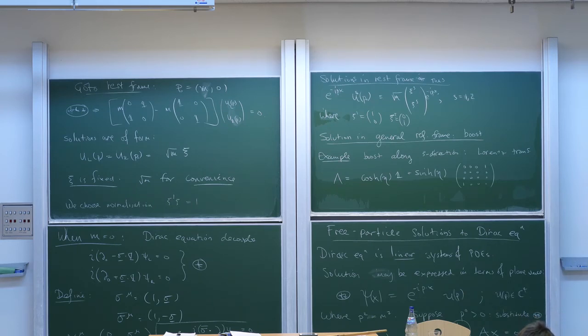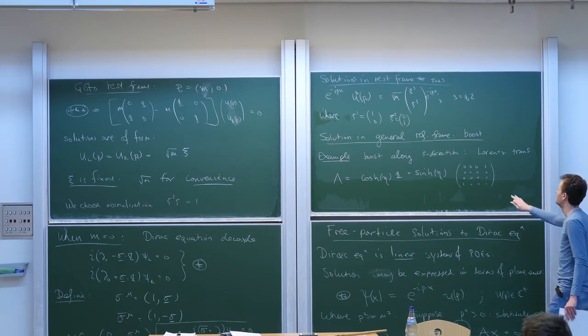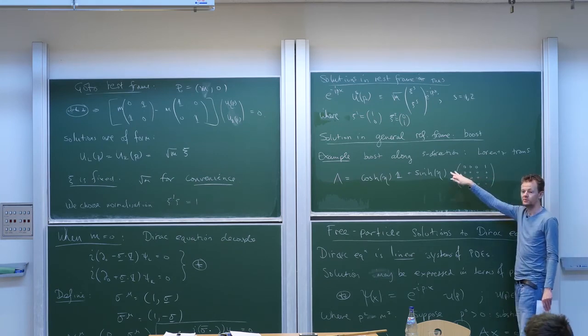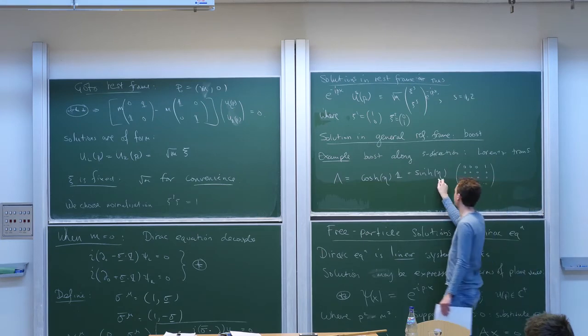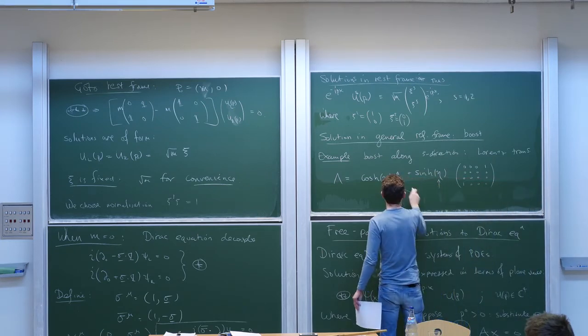This is something you're meant to just know from special relativity, that a boost along the 3 direction is represented in the fundamental representation by this 4x4 matrix here, and this eta is called the rapidity.